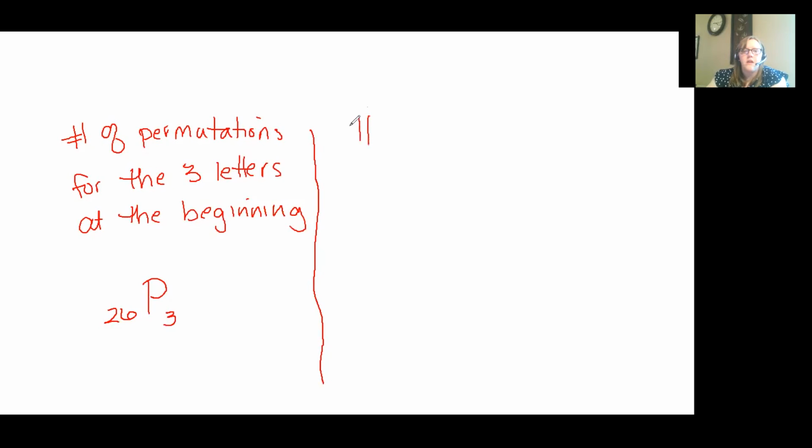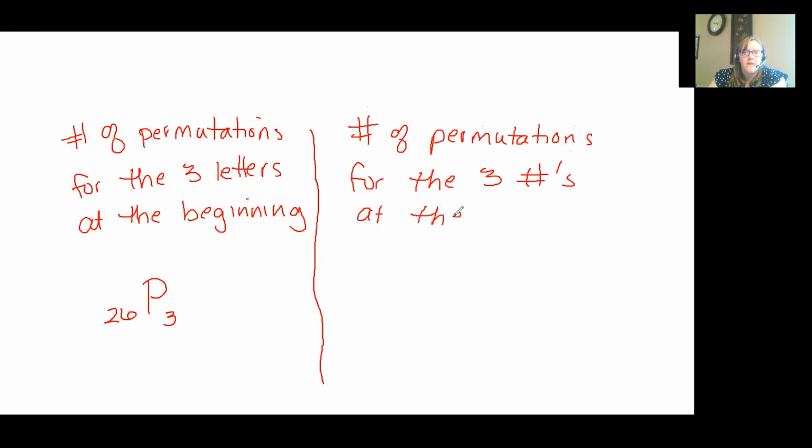Now we come over here, we do number of permutations for the 3 numbers at the end. We know we said the number is going to be chosen from 0 through 9.